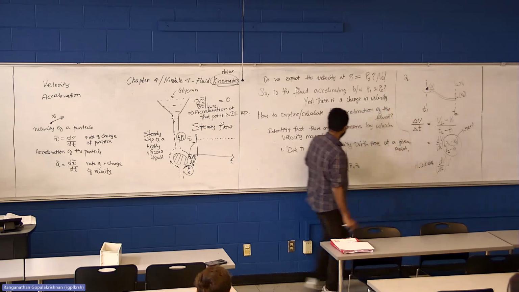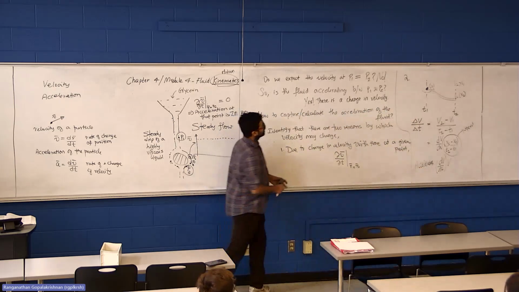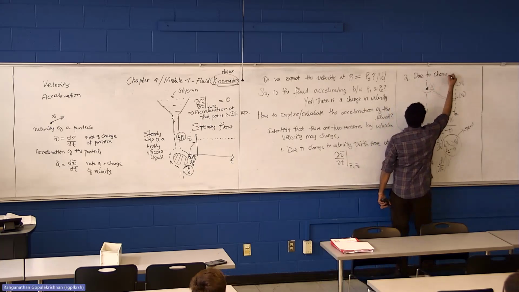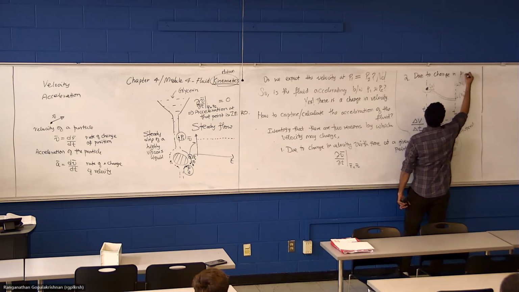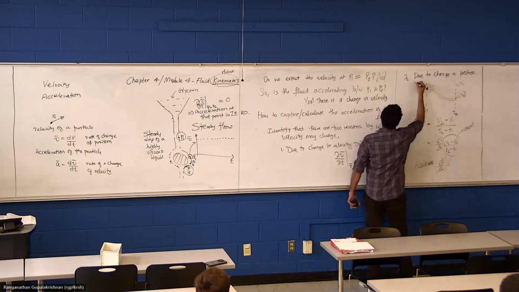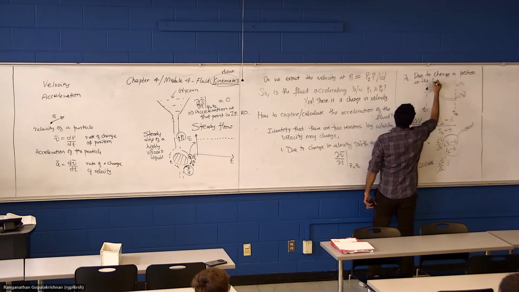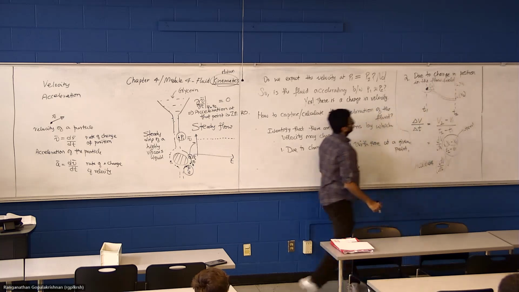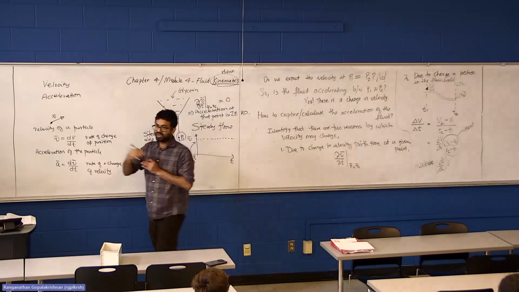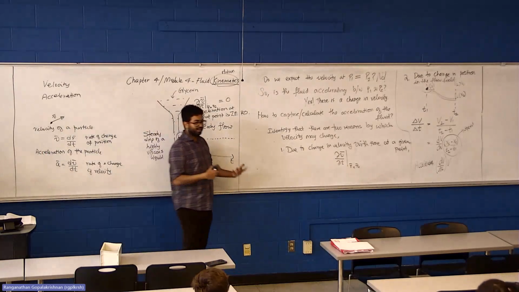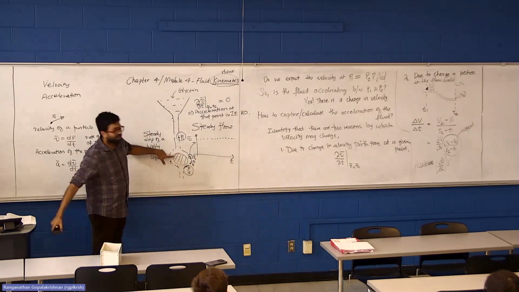So the first cause is local rate of change. The second cause is due to change in position in the flow field. If you let your fluid go from point A to B in the flow field, it will naturally accelerate or decelerate, and that's what is happening here.